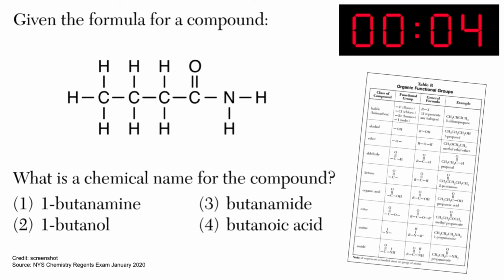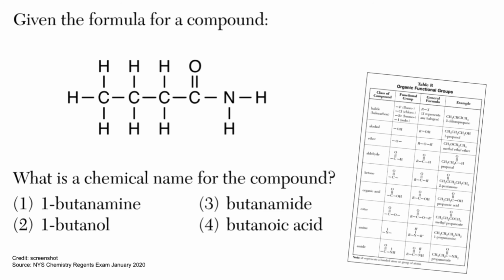Given the formula for a compound, what is the chemical name for the compound? This compound does have both a carbonyl carbon, the carbon double bonded to an oxygen, as well as a nitrogen.